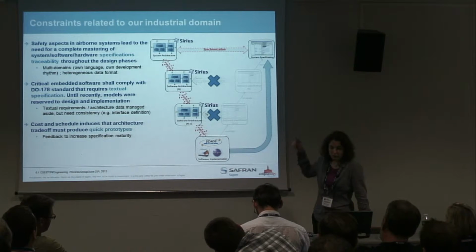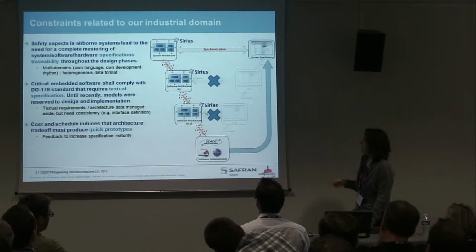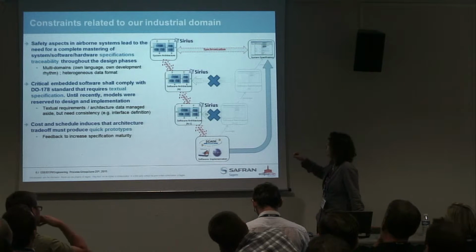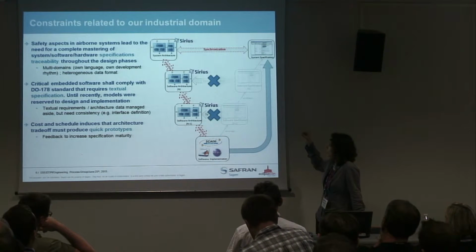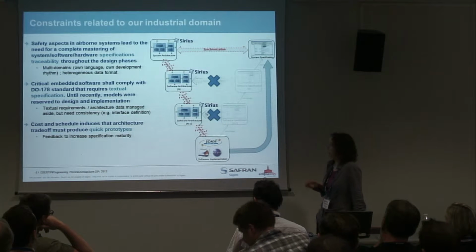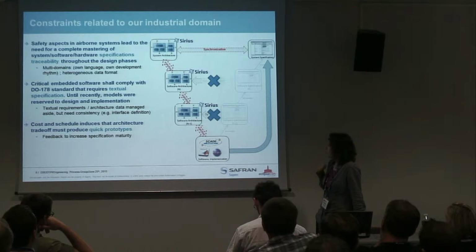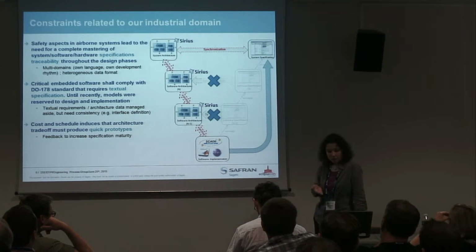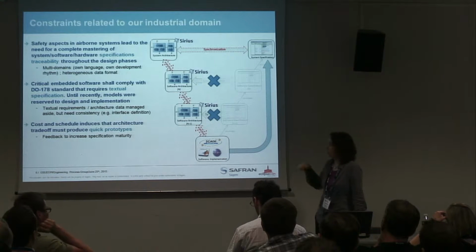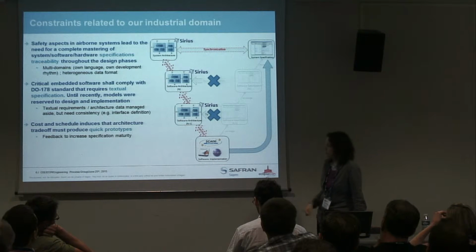So we also want to be able to deactivate this synchronization, with the main objective of having a quick prototype. That means having an architecture defined at each refinement step, not only a system specification, but always the feedback between implementation and specification.